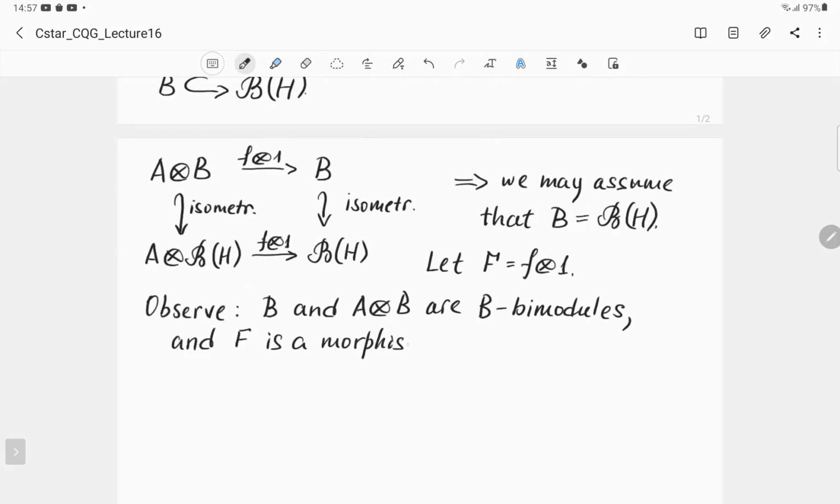How does it act on the left? On B or on the tensor product? On the tensor product. On the tensor product, well, we forget about A, so it acts on the right by multiplication on the right, and maybe it's better just to write a formula. So b acts on a tensor b' as a tensor b b'.